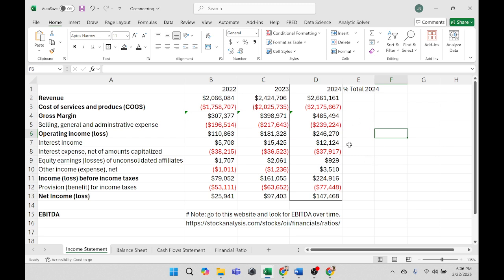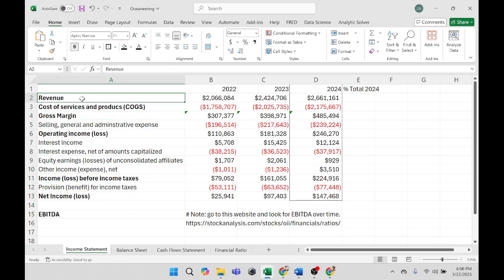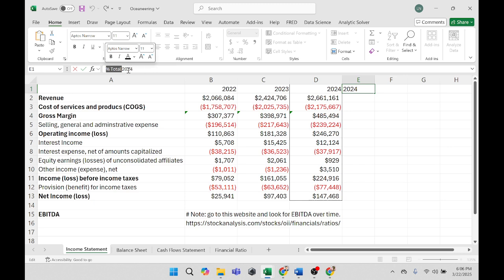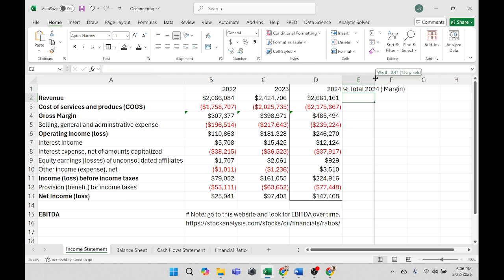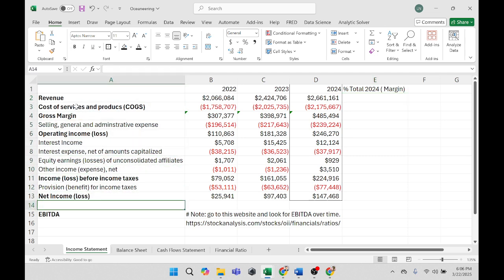When we talk about the percentage total, we're going to take every item and divide it by the revenue. The percentage total also means the margin. So when we talk about profit margin, we're talking about the one below here. So let's compute it.